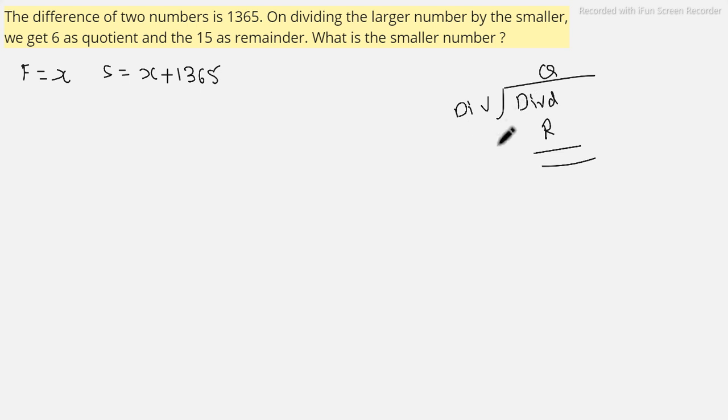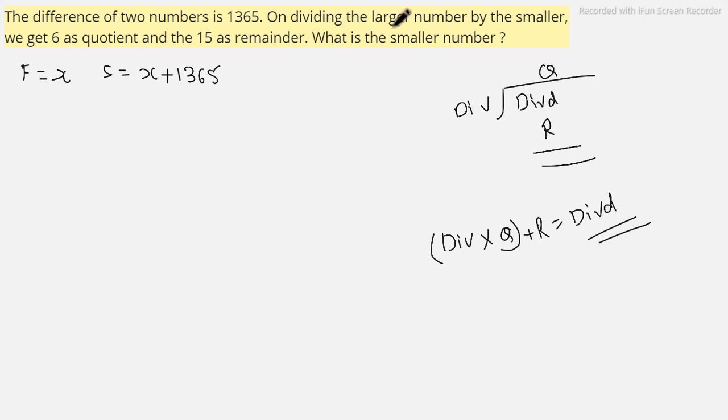So the equation becomes divisor into quotient plus remainder is equal to dividend. So this is what we are going to use here.